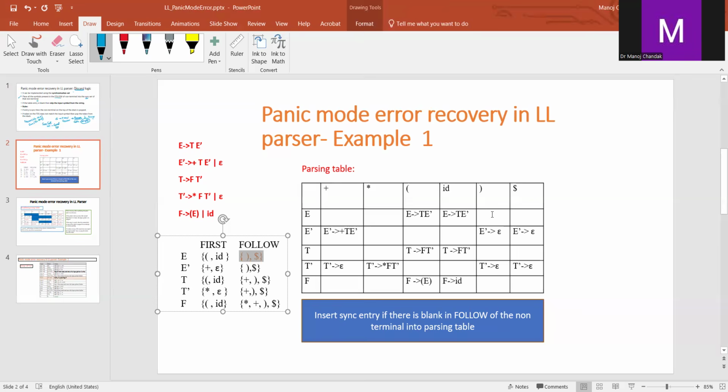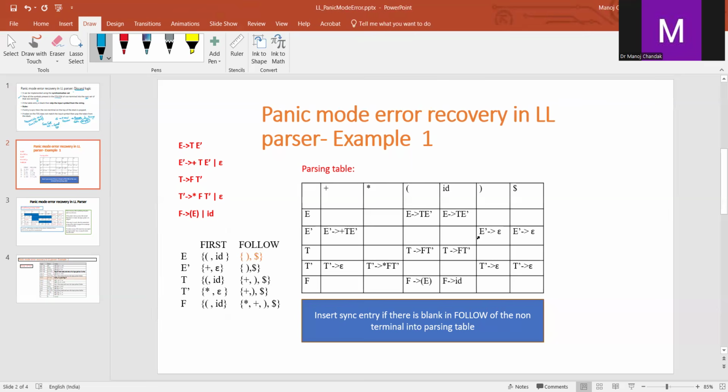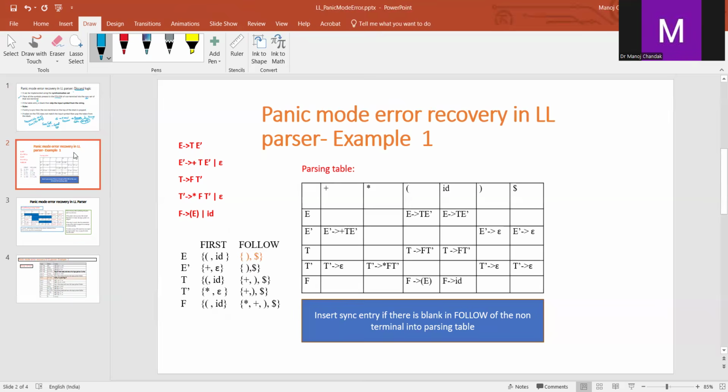Here you can see that the keyword sync is written in the follow set of E. In the follow set of E dash, the entries are already there, so there is no possibility of writing the sync. Similarly, in the follow set of T, the sync keyword is written in plus, closing bracket and dollar. And similarly in the remaining non-terminals.